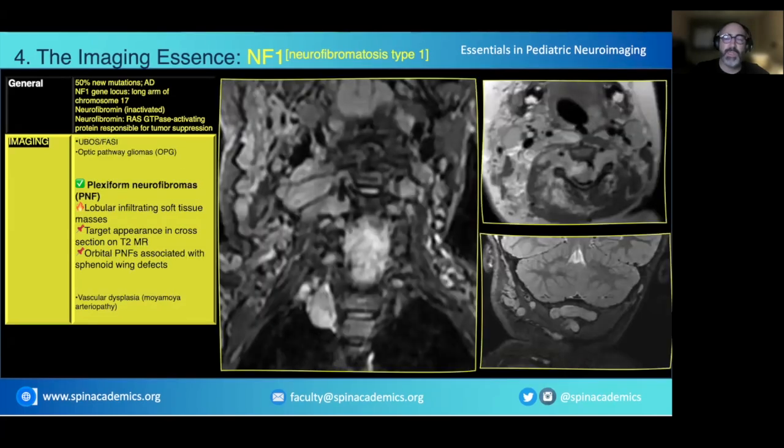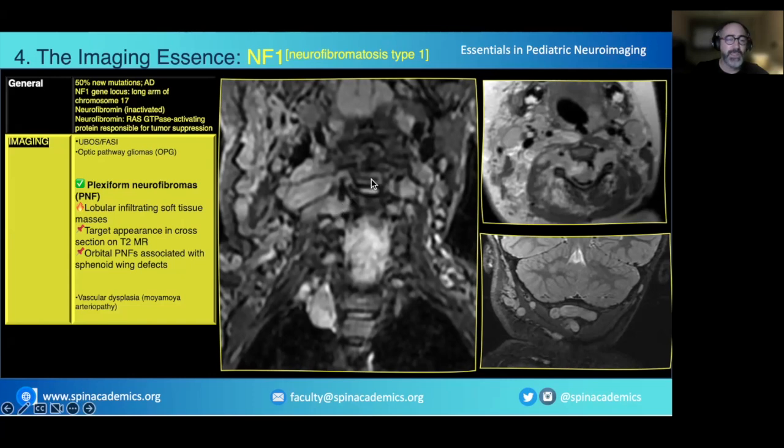More typical lesions of NF1 are plexiform neurofibromas, which have a lobular, infiltrating soft tissue appearance. They could affect one side, two sides, or could be very, very large, as in this case, both sides of the spine, affecting almost all the spinal nerves of the cervical spine.